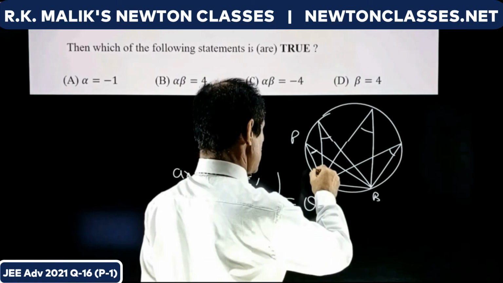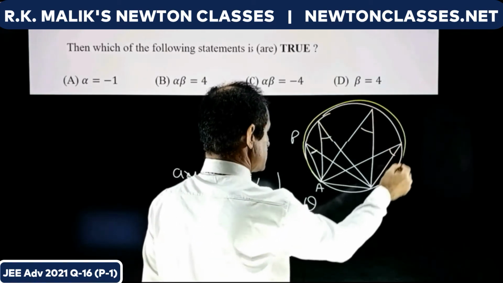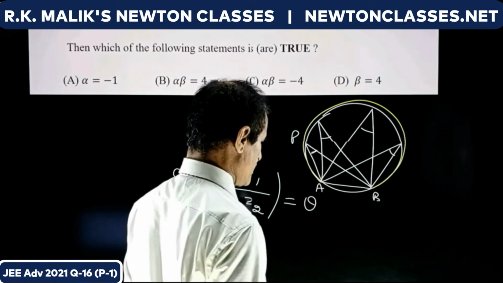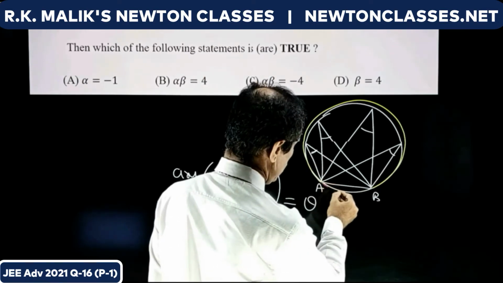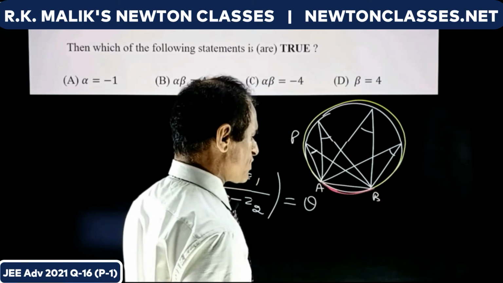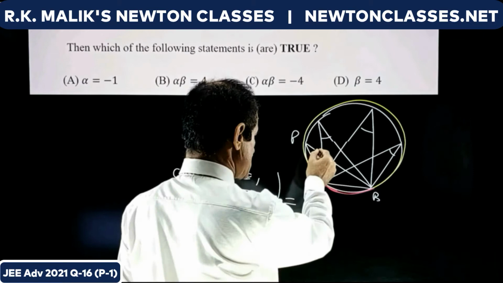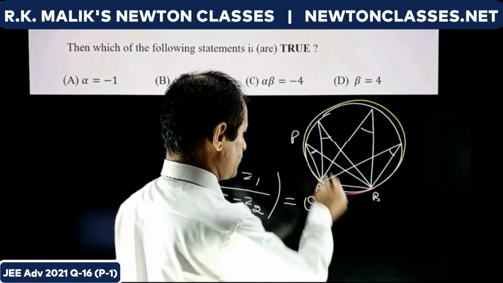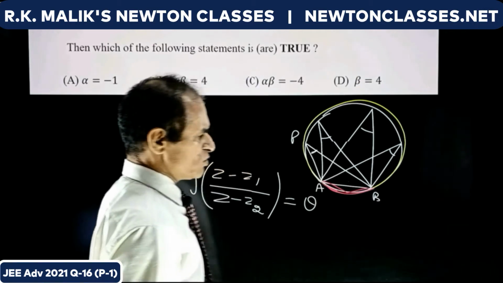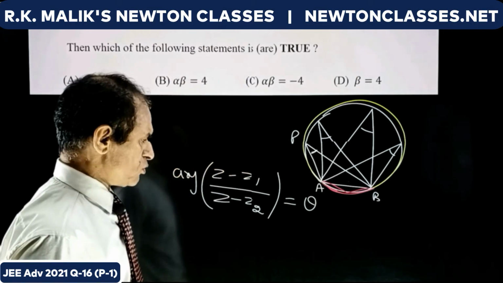For the points on this part, angle will be fixed, and for the points on this part, angle will also be fixed, and that will be the supplement of this angle. That is, if this is theta, angle in this part will be pi minus theta. All these things are known to you.